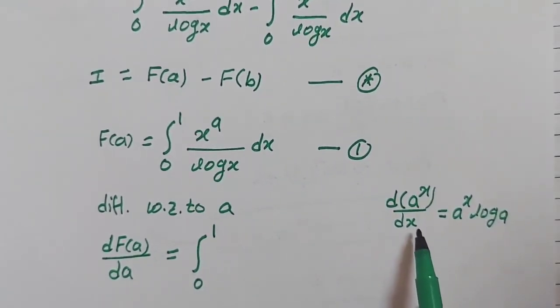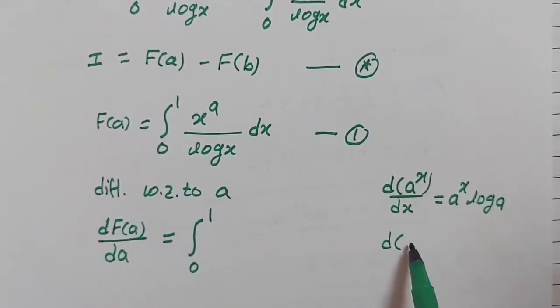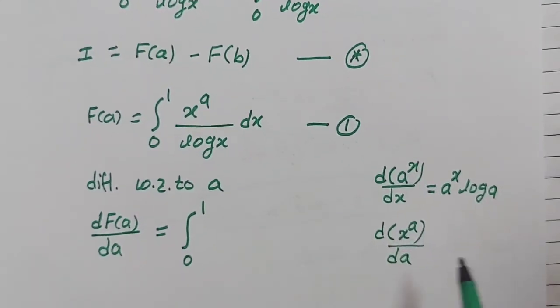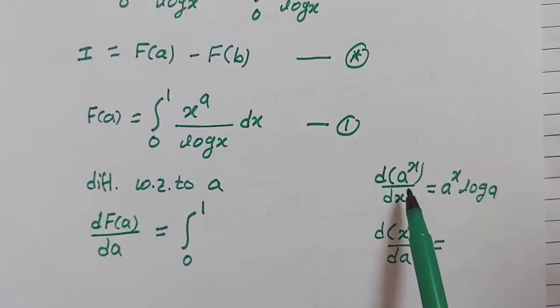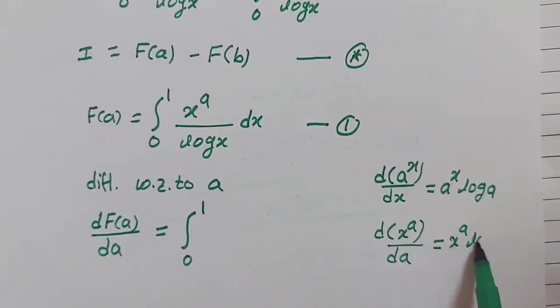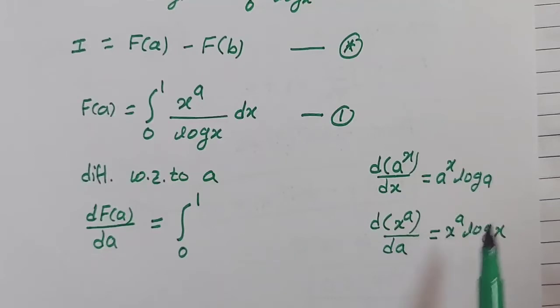Here x was the variable, that's why this term came. Now if we differentiate x^a with respect to a, what will be the meaning? We just interchanged the variables x and a, so a is our variable and x is a constant. So just like this term, it is x^a log of x. Here a is our variable and x is constant.